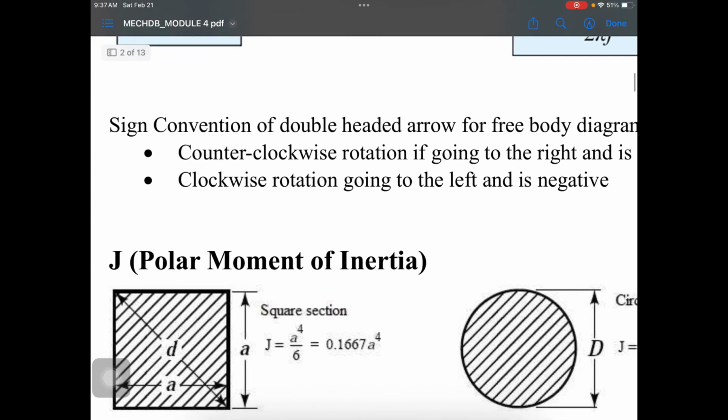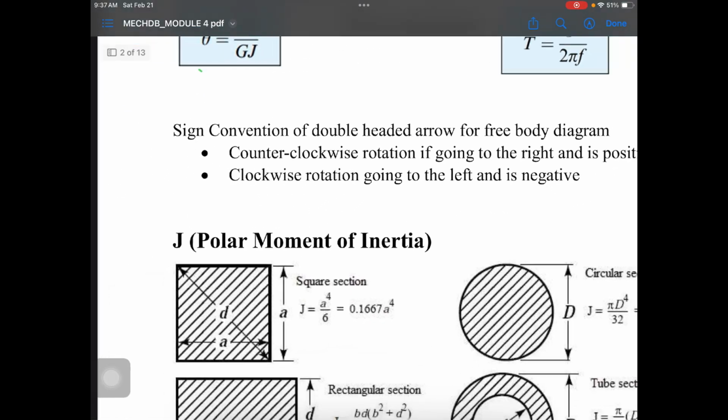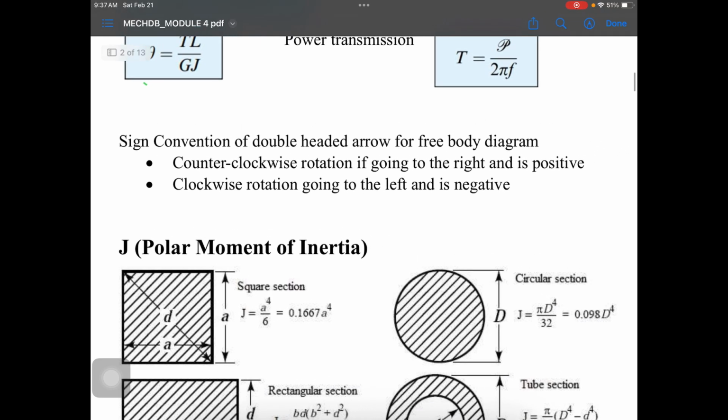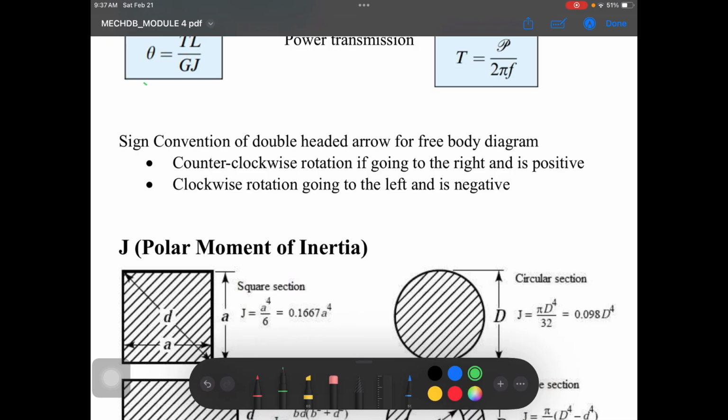And before that, sign convention pala. So, kapag nagdo-drawing tayo ng free body diagram for torsional problems, so, meron tayong ginagamit na sign convention and symbol. Kunwari, ito yung torsional member mo, it's a bar, tapos may torsion ka dito, may torsion ka doon. So, counterclockwise to, clockwise to, this is clockwise din to.